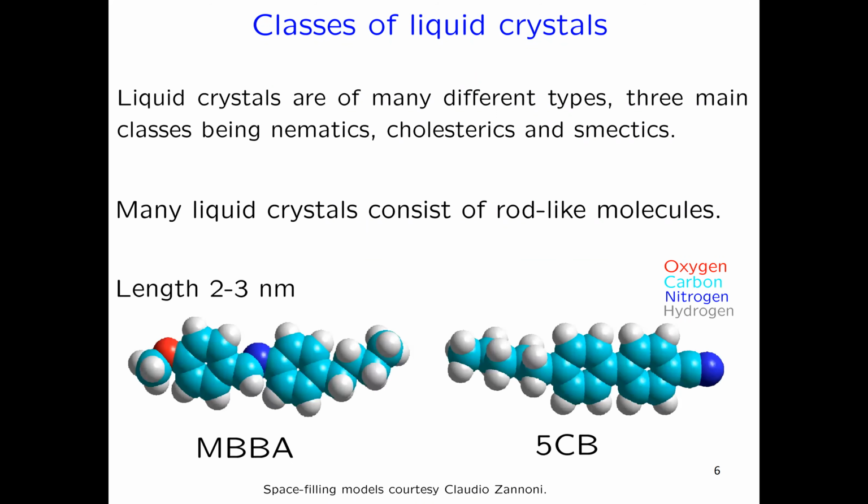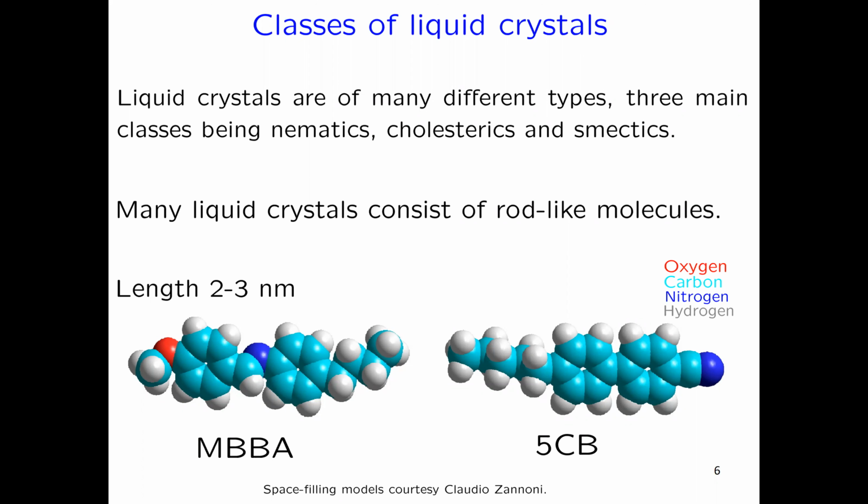So here's a space-filling model, courtesy of Claudio Zanoni, who's one of the big experts in computations with liquid crystals, of two synthetic liquid crystal molecules. One's called MBBA, and the other is 5CB.